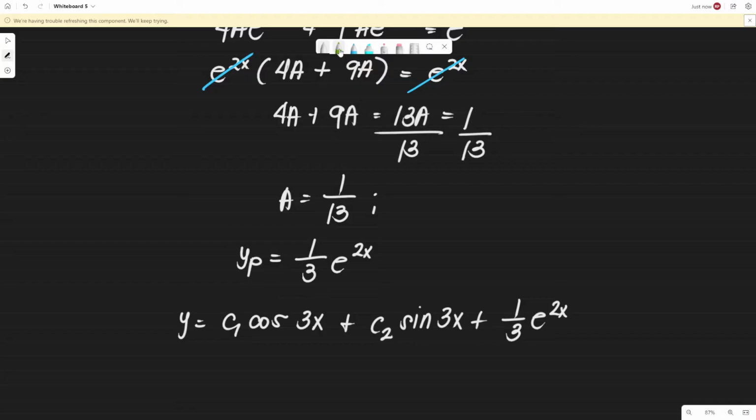This is the solution to the differential equation. That's it, that is how simple what we need to do is.